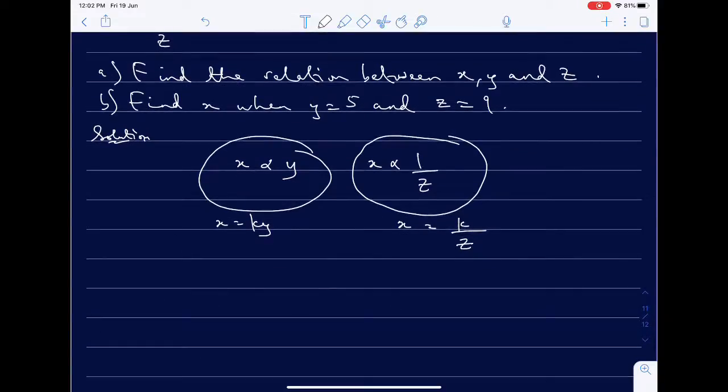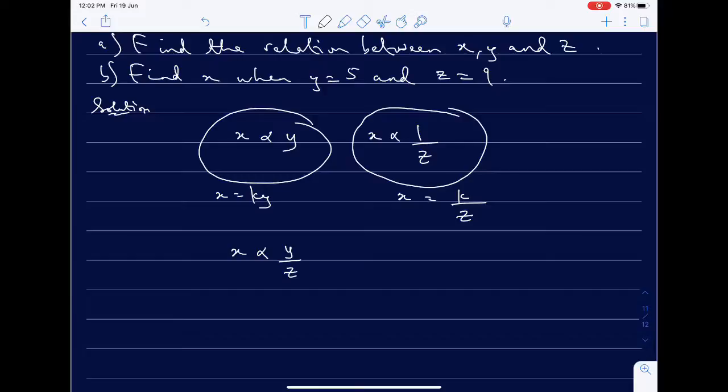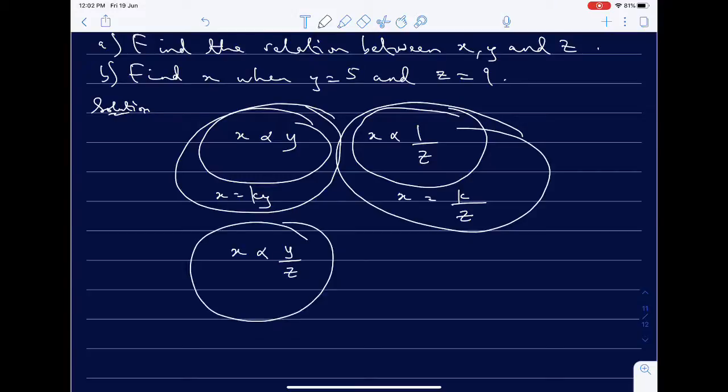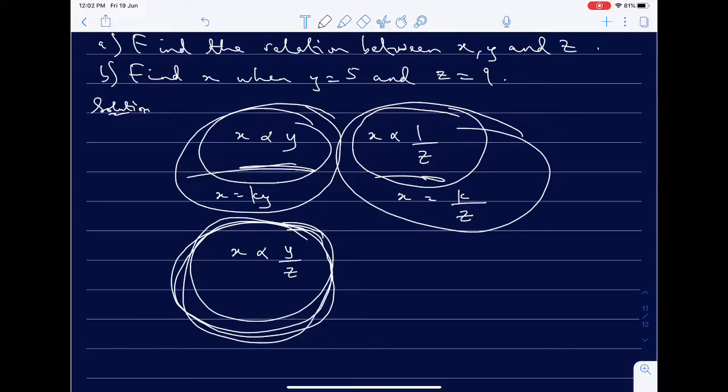But if you have it this way, x with a sign of proportionality and the ratio y to z, it simply means the two variations have been combined into one. The direct and inverse variations have been combined into a single representation.